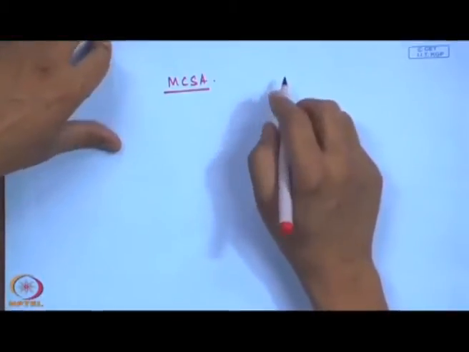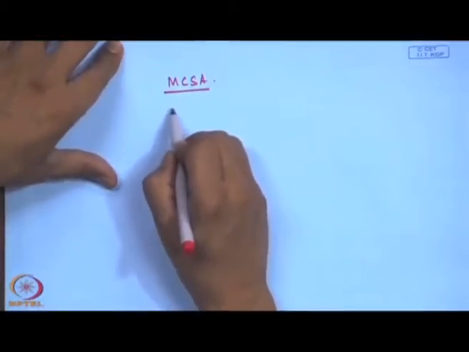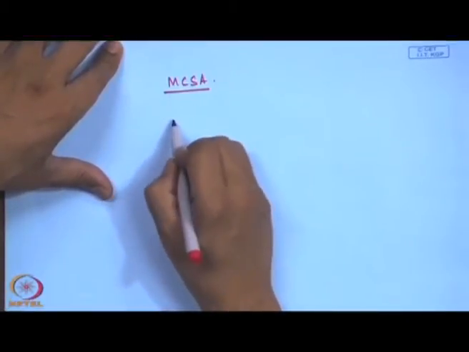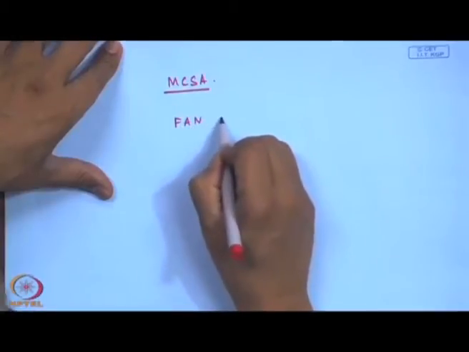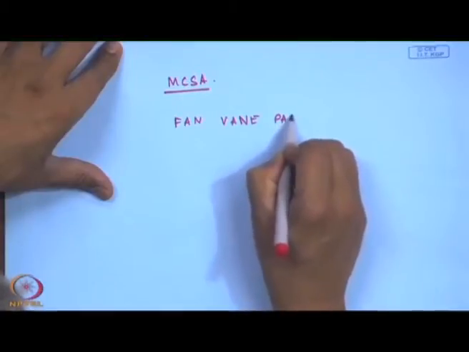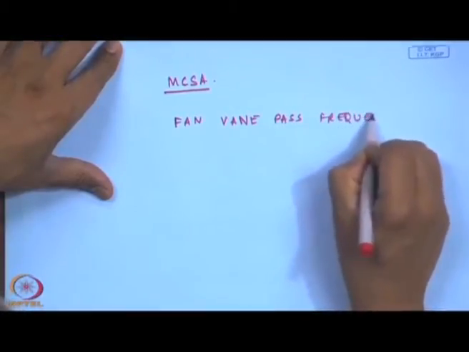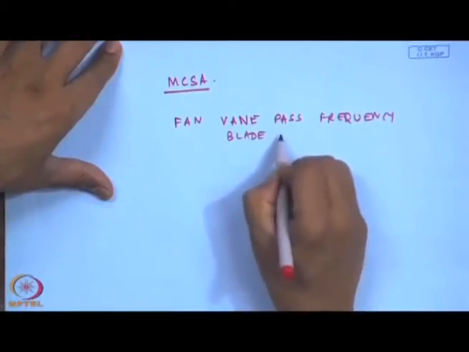But from the vibration spectrum, we can also find out the characteristics of all these fans, blowers and compressors, which is what is known as the fan vane pass frequency, or what is known as the blade pass frequency.